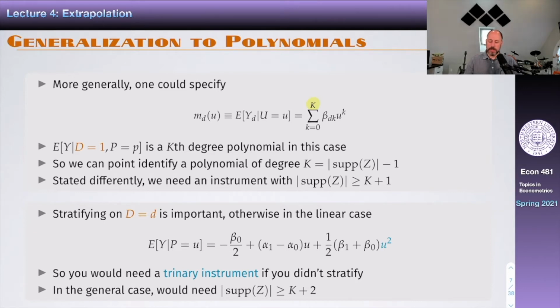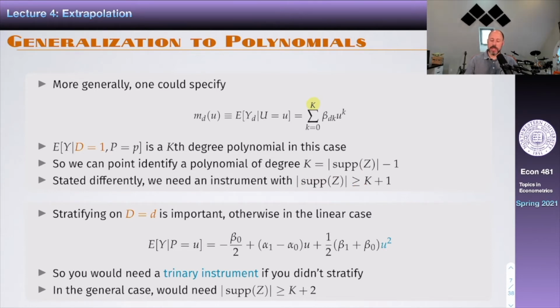And so what happens in this case? Well, you can show that we can point identify the polynomial of degree k, okay, as long as k is equal to the support of the instrument that we have minus 1. You can rephrase this: we need the support of our instrument to be at least equal to k plus 1.